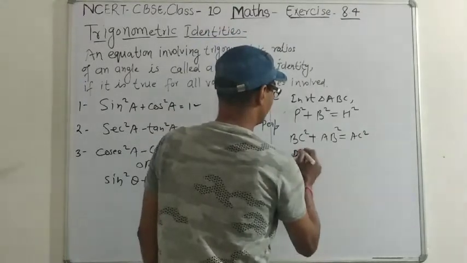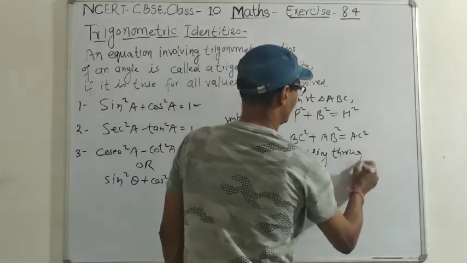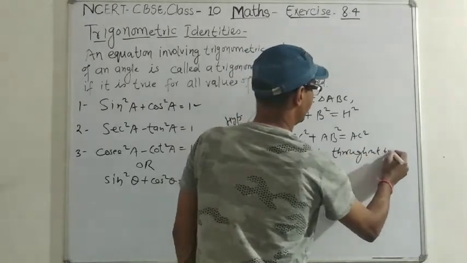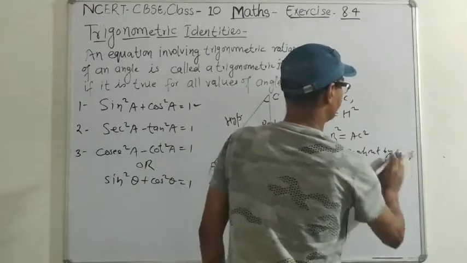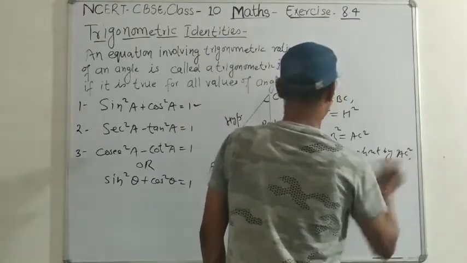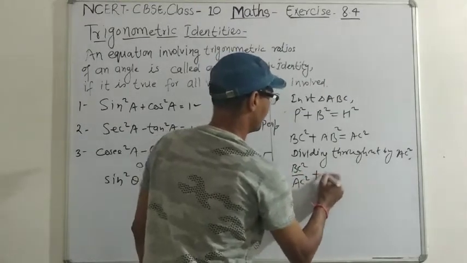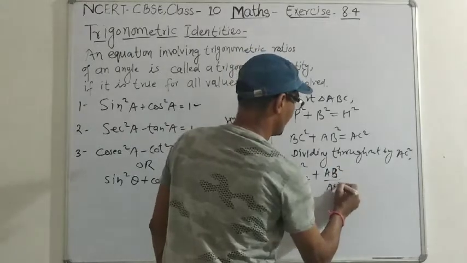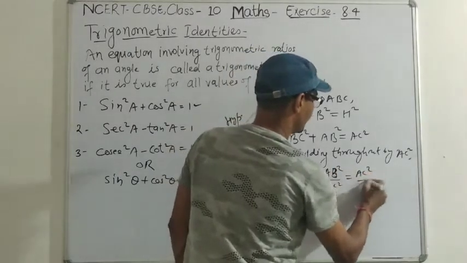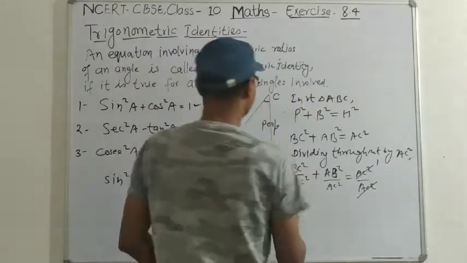Now dividing both sides by AC square, we get BC square by AC square plus AB square by AC square, and on the right side AC square by AC square cancels out, giving 1.